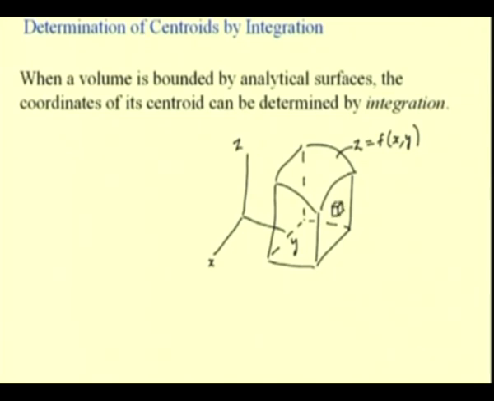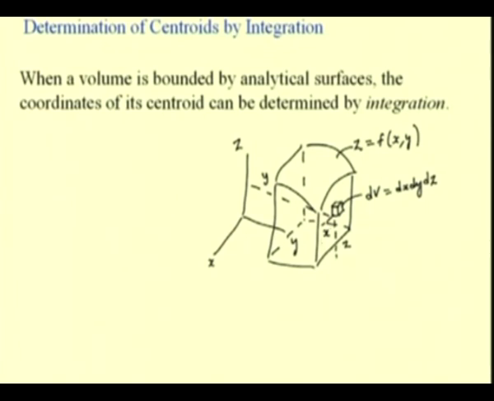a small element whose volume is dV, which is equal to dx dy dz, and which is located at distances, say, y, z and x.